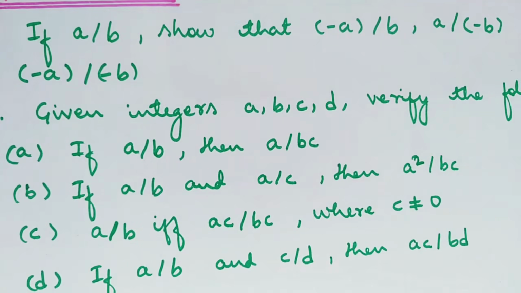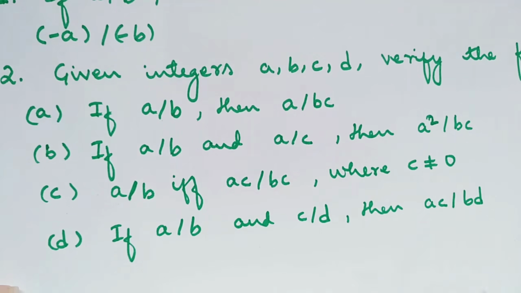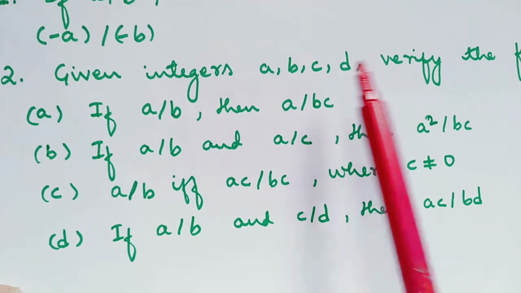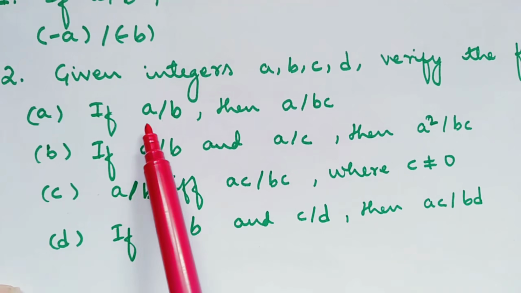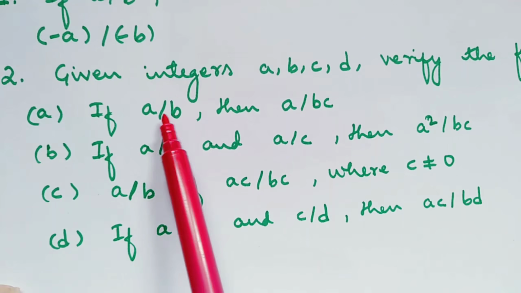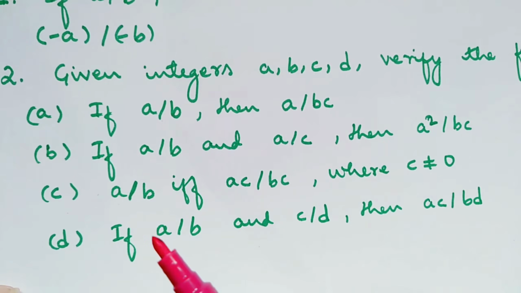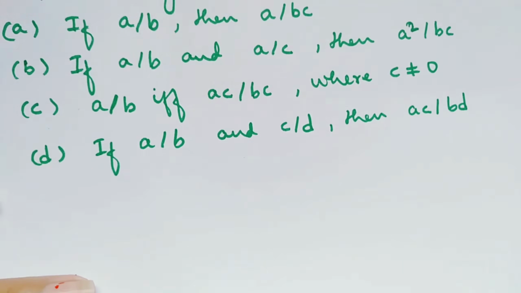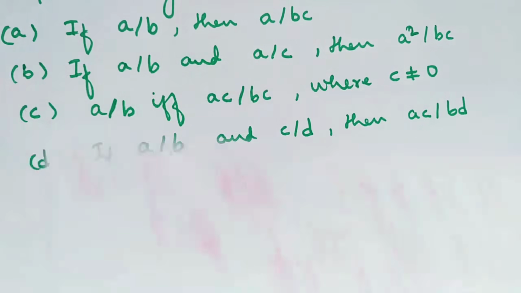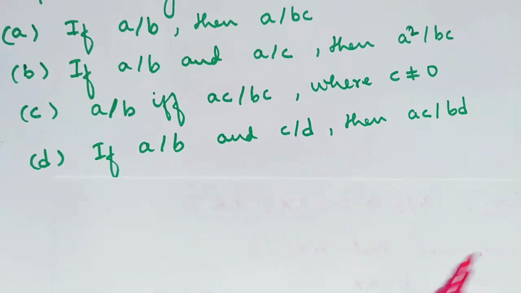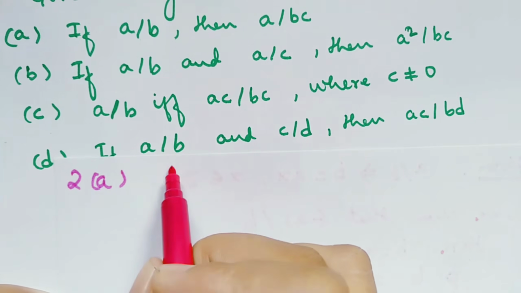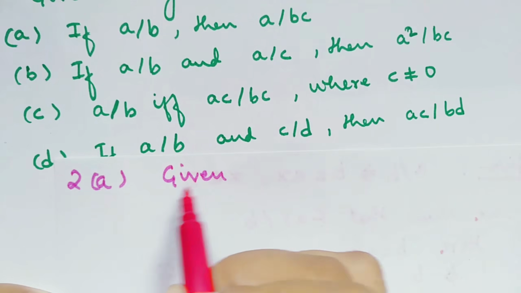Now let us do number 2. In number 2, A, B, C, D are integers. We have to verify these 4. The first one, if A divides B, then A divides BC. Let's do that. See what is given to us.